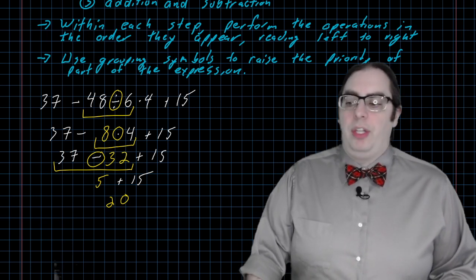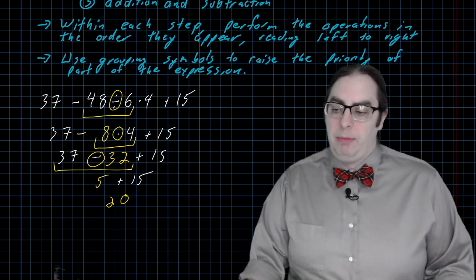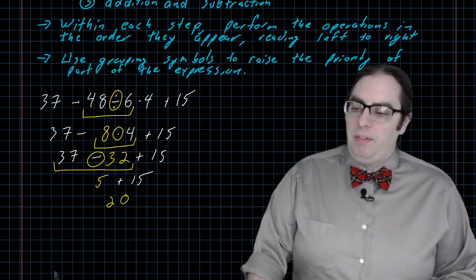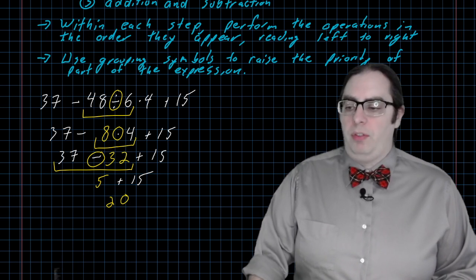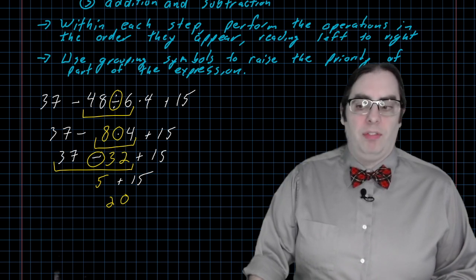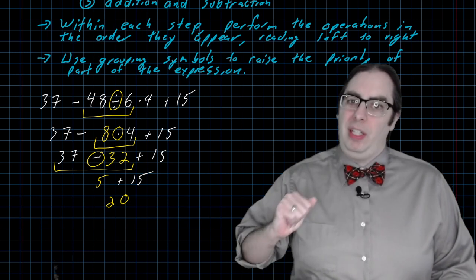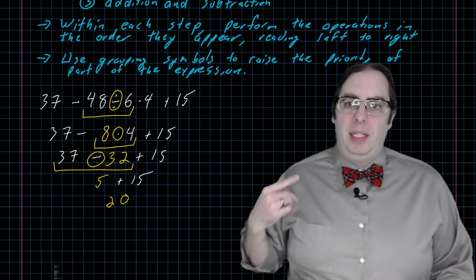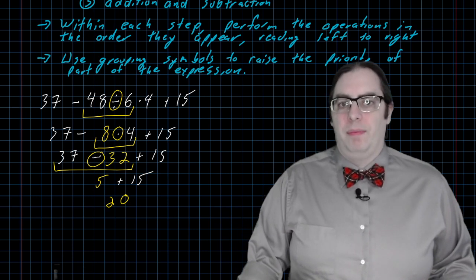I might round to the nearest 5 and call this 40 minus 50 divided by 5 times 5 plus 15. 50 divided by 5 is 10, 10 times 5 is 50, 40 minus 50 is negative 10 plus 15 is 5. And I got 20, which is definitely not 5, but it's a reasonable ballpark of 5.